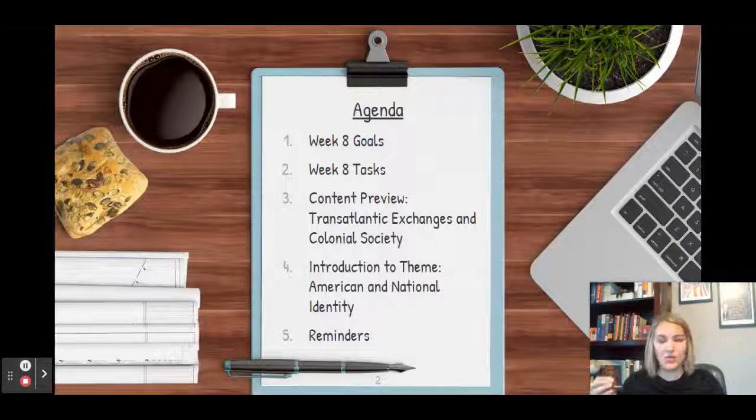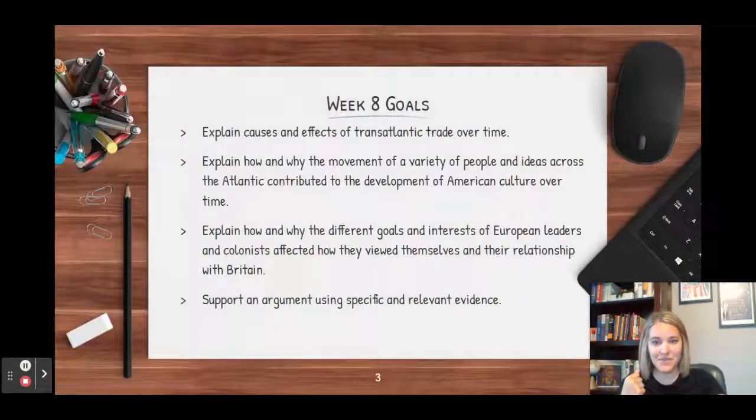As always, I'm going to go through your goals and your tasks. This week, we're focusing on transatlantic exchanges in colonial society, and the theme is American and national identity. So, we want to be able to explain the causes and effects of transatlantic trade over time. We have new objectives this week. We're not looking at our four colonial regions anymore.